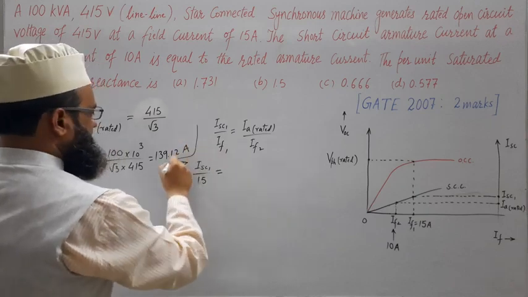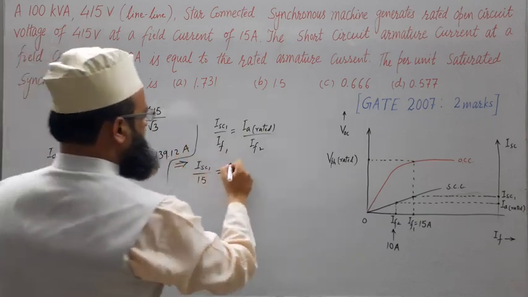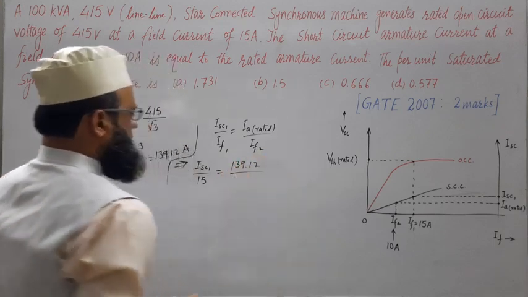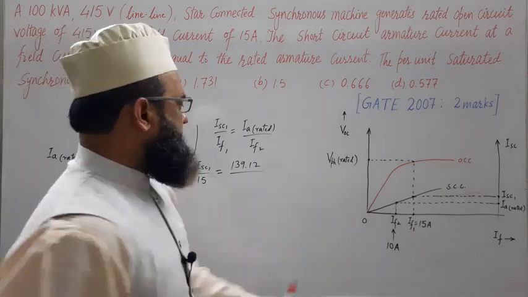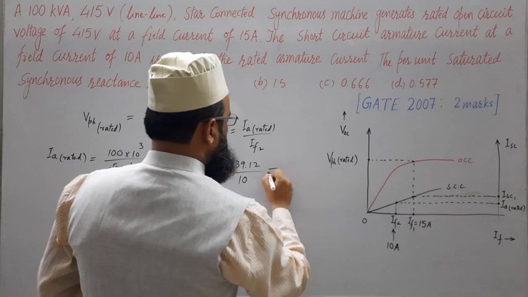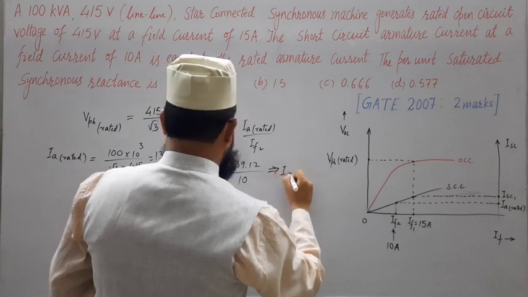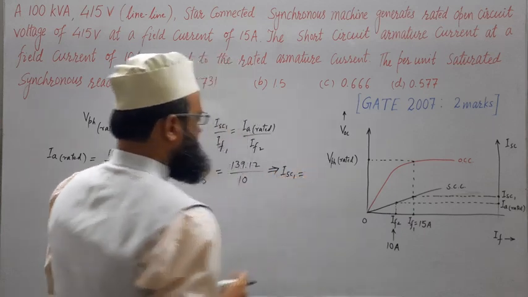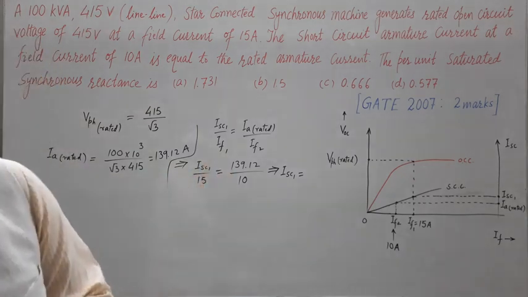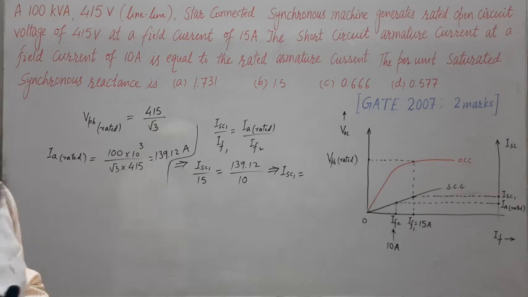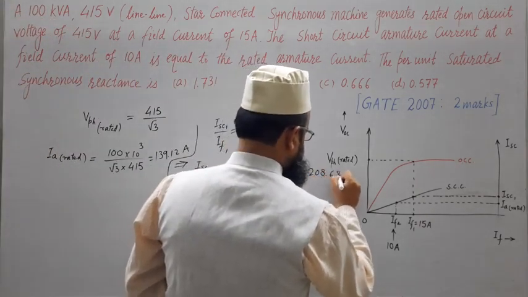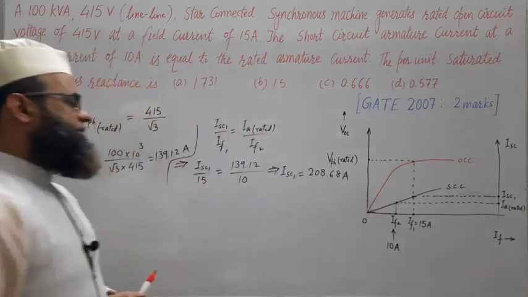So substitute IA rated as 139.12 upon what is IF2? 10 ampere. So this way we can evaluate ISC1 as this upon this into 15. So ISC1 is coming out to be 208.68 ampere. Just check it yourself.